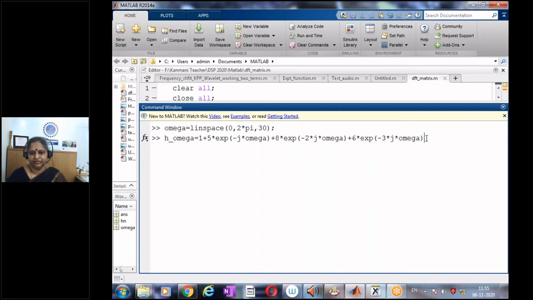This is what I have, and I'm going to evaluate this at 30 values. So now MATLAB has done the computation. Now let's plot the result, omega versus the magnitude response, so I will do it as the absolute value of H of omega.